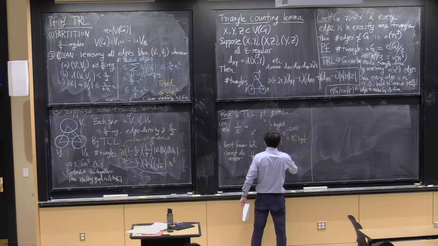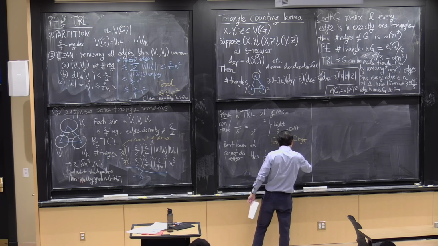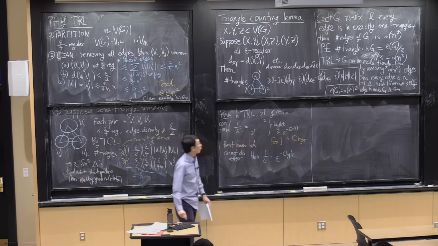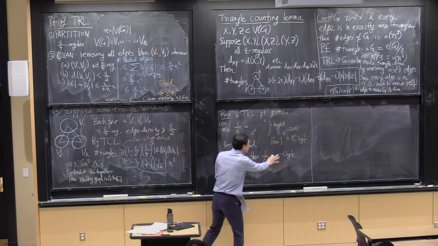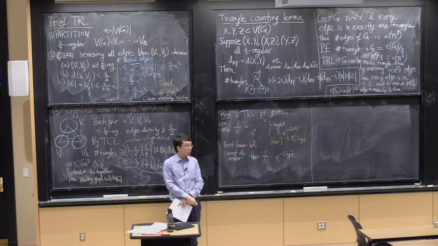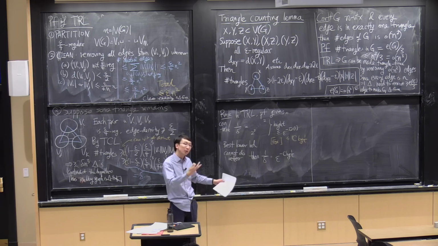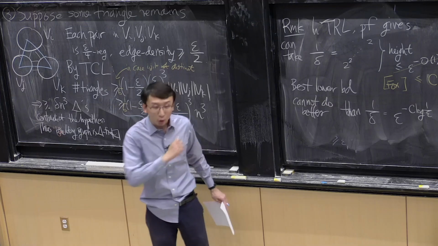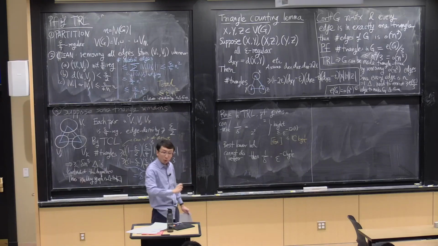So epsilon raised to something that is logarithmic in 1 over epsilon. You can think of this as a little bit bigger than polynomial in 1 over epsilon, but not that much bigger. So there's a very big gap in our knowledge on what is the right dependence between epsilon and delta in the triangle removal lemma. It's a major open problem in extremal combinatorics to close this gap.